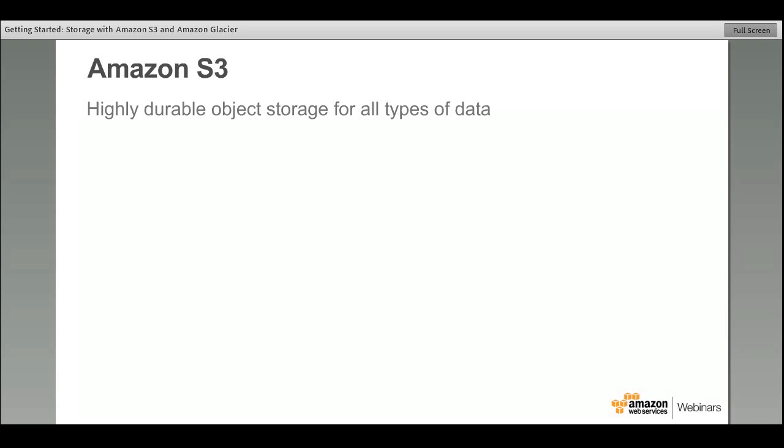So before we go into detail on S3, let's clearly define what object storage is. It's a system for storing files that, as opposed to a file system, has a flat hierarchy and namespace, and that stores the file metadata along with the file instead of separately in an index.